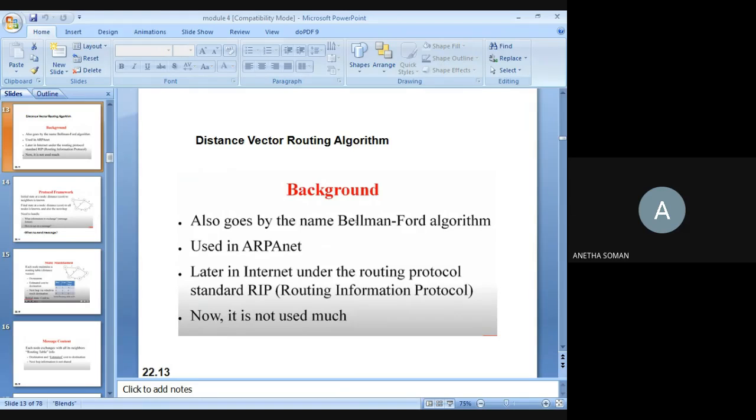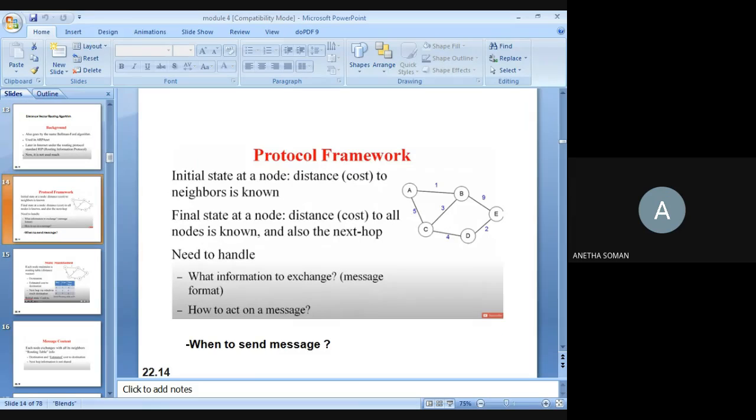I told you about the routing information protocol in the last class, so they made use of this algorithm. But nowadays it is not used much. Now you should know the working principle, how the algorithm works. All of you, please listen here. This algorithm is very, very important. Now, what is the protocol framework?